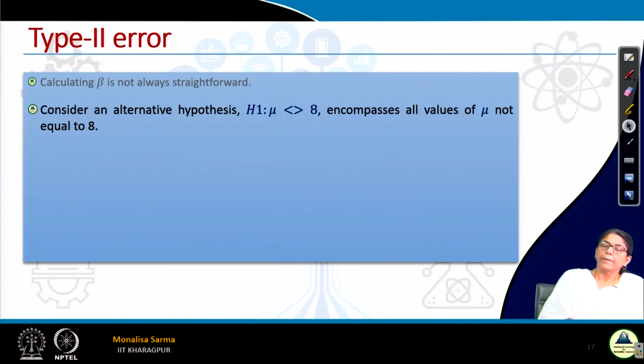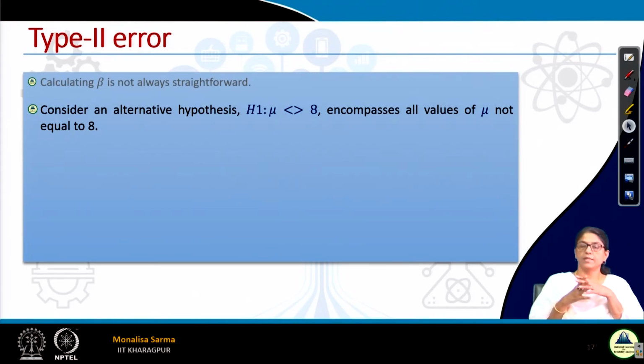In any sort of hypothesis testing, my backbone, my main CPU I should say, is the sampling distribution. Whatever data I have, I give to the sampling distribution, and from the result I get, based on that only I give the decision.